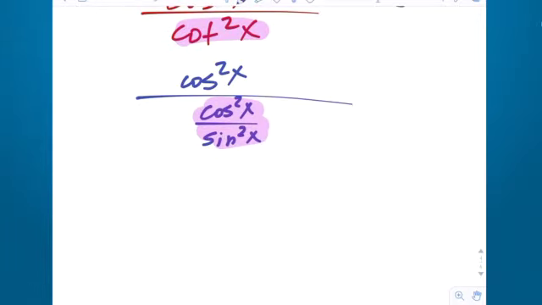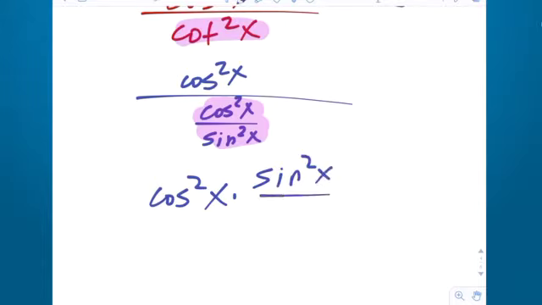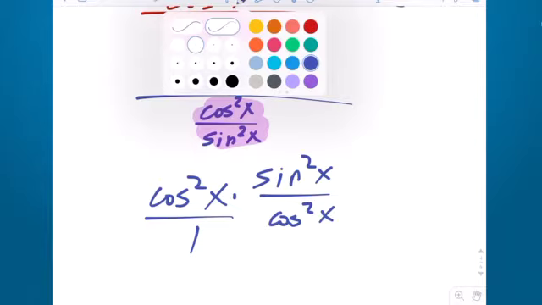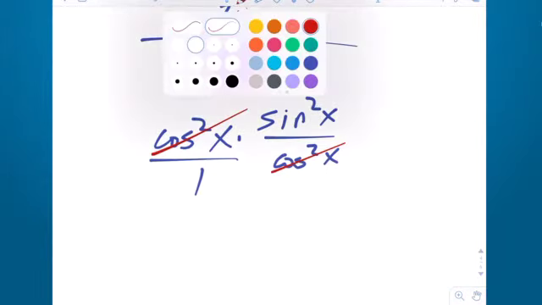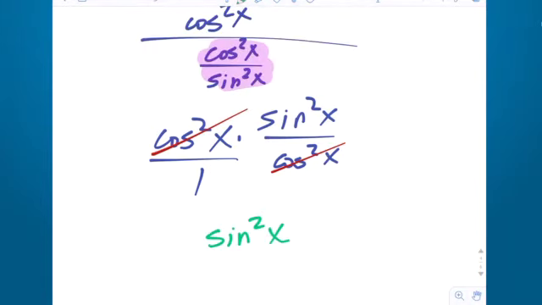So at least you know what to do next, which is state change flip. Very good, Tyler. Cosine squared times sine squared of x over cosine squared of x. And if you want to put that first one over 1, now what happens with your cosine squareds? They divide out, and we're left with sine squared over 1, or just sine squared.